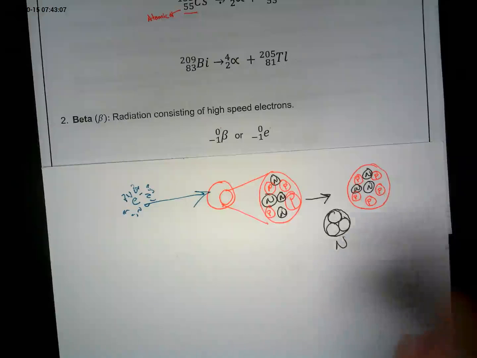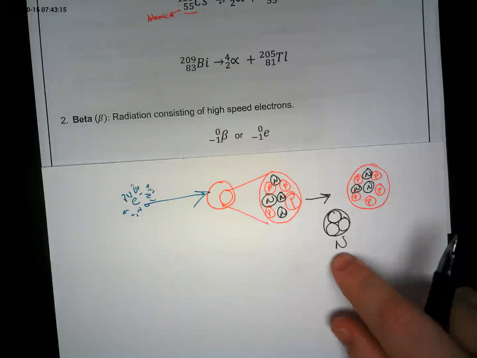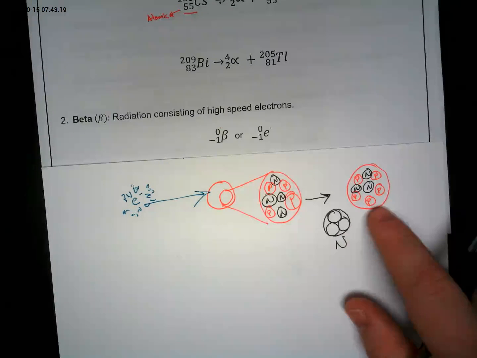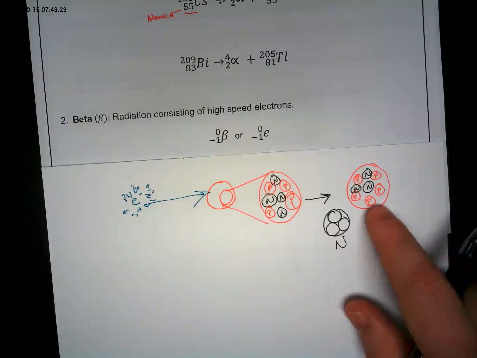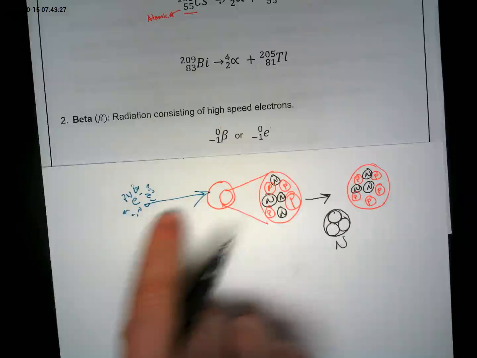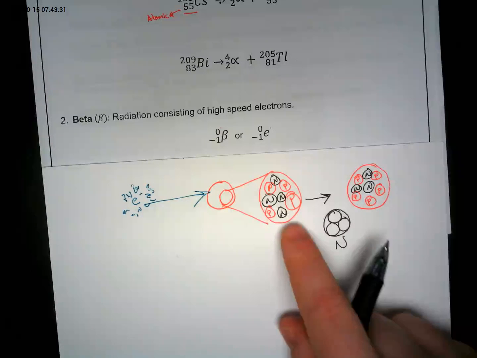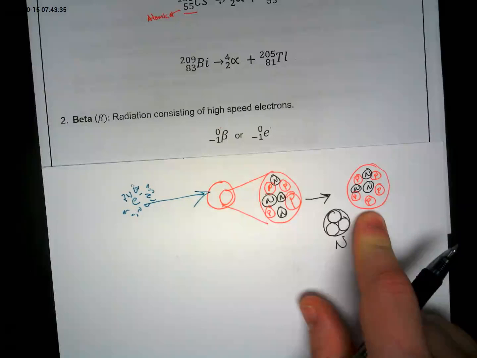That's as much as I'm going to get into it, because this is even going past what I know about quantum mechanics and quantum physics. But there are little things in here called quarks that can change a neutron to a proton. And that's what's happening here. Again, you have high-energy electrons slamming into an atom. The atom, in order to compensate, changes a neutron to a proton.